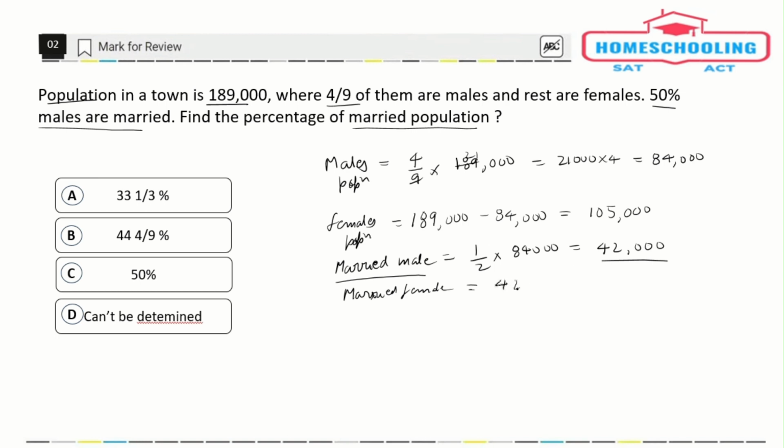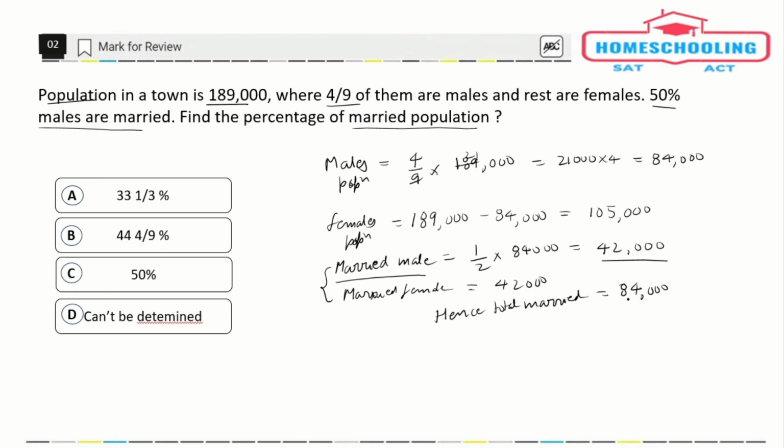Hence the total married population is 42,000 plus 42,000, because one married male and one married woman form a couple. So that would be a total of 84,000.